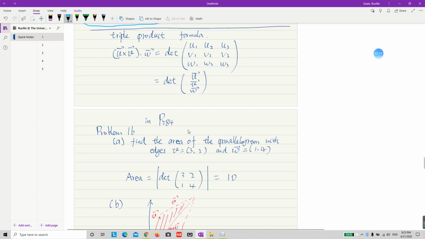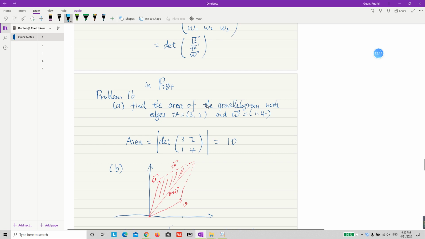And let's see problem 16. Find the area of the parallelogram with edges V equals 3, 2 and W equals 1, 4. We can directly use the area of parallelogram: list these two edges as rows of the matrix A. So it's 3, 2, 1, 4, and take the determinant, then take the absolute value.